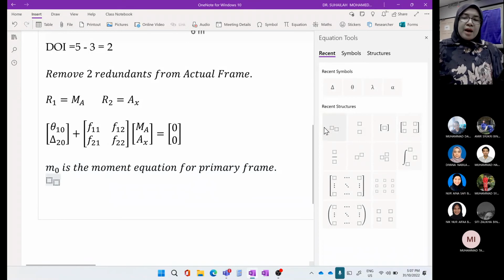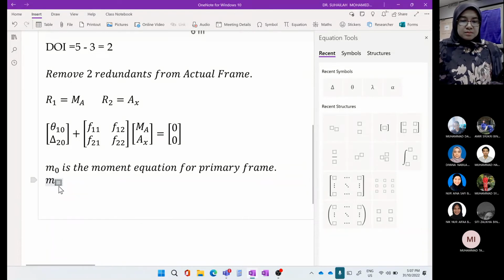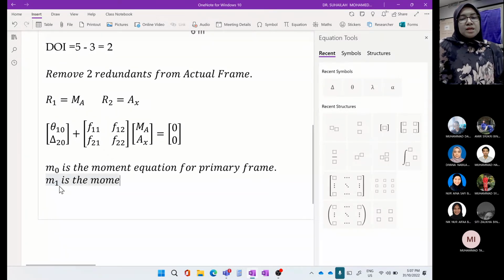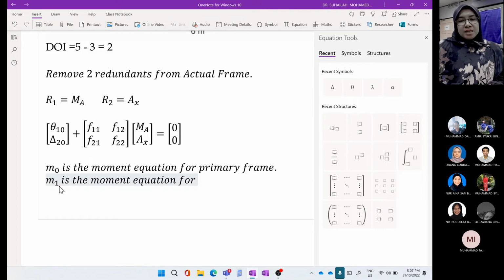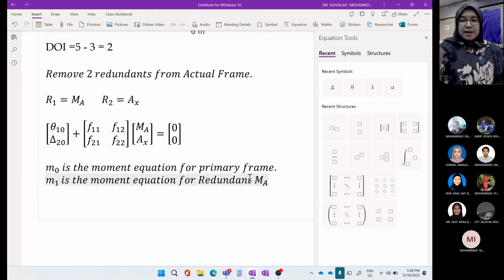And then we have M1, which is the moment equation for redundant number 1. What is redundant number 1? Redundant MA applied.